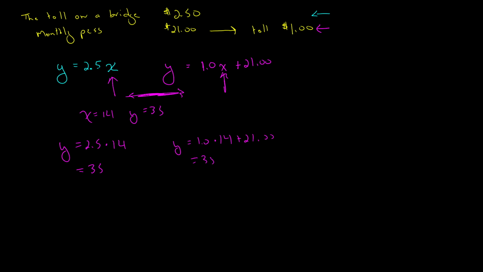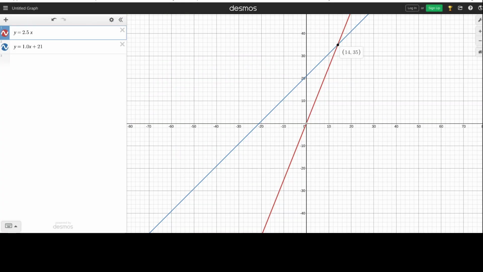So when I have to cross the bridge 14 times, these two plans will be equal. As soon as I cross more than 14 times, this will be the cheaper plan. But let's come back over here and look at this graph for a second. Look at that.